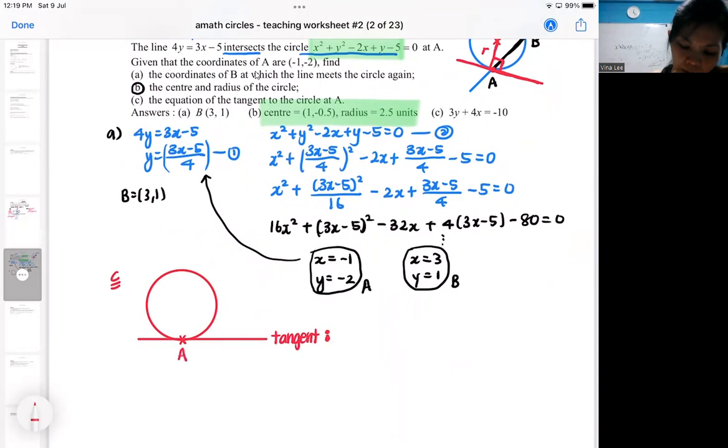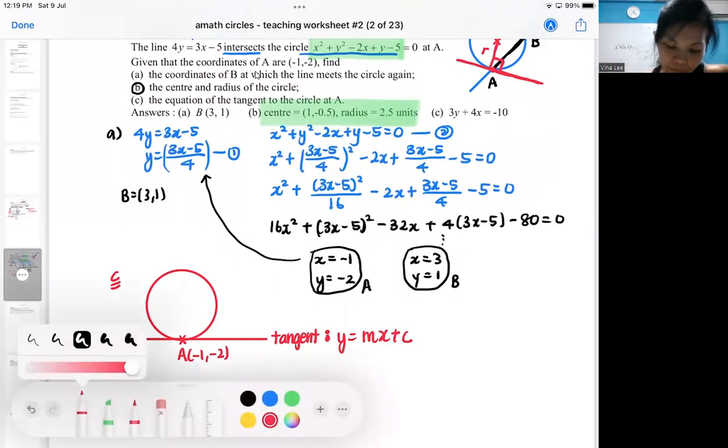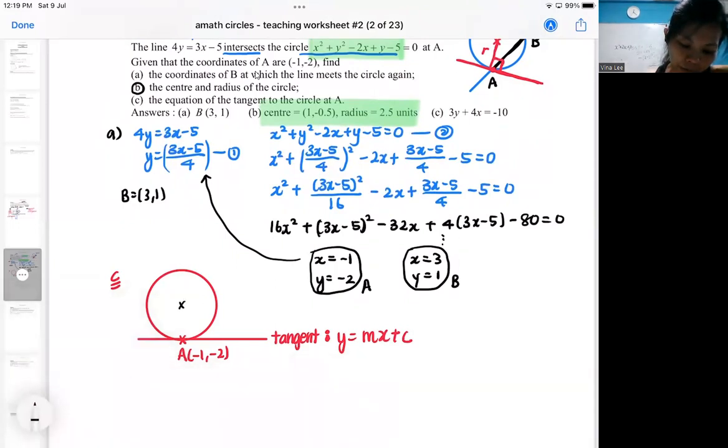So this is the coordinate of A. So this tangent should fulfill the straight line equation, mx plus c. So if I need mx plus c, I will need the gradient. So I should have found the gradient from the radius. So that's why if I need the radius, meaning I will need the center.